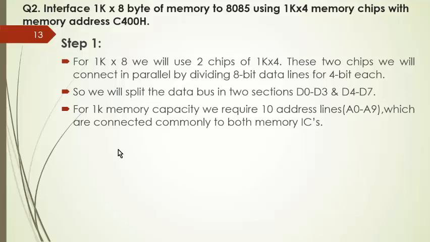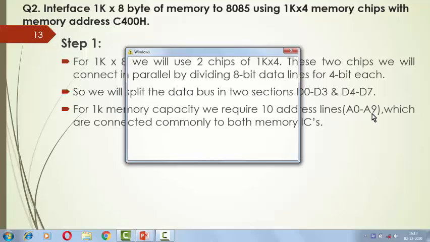These 2 chips we will connect in parallel, dividing the 8-bit data lines into 4 bits each. So we will split the data bus in two sections, D0 to D3 and D4 to D7.